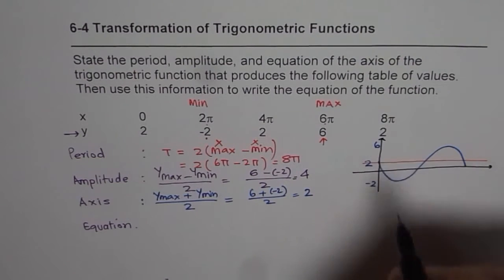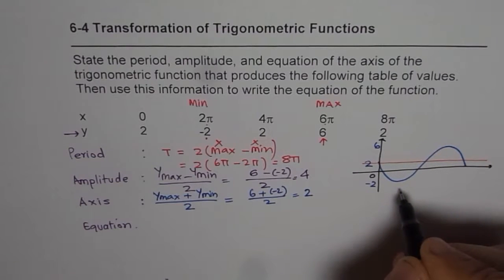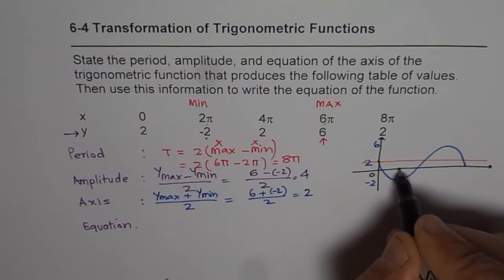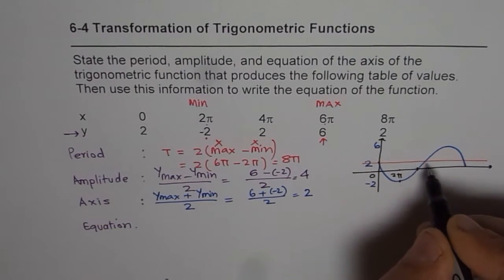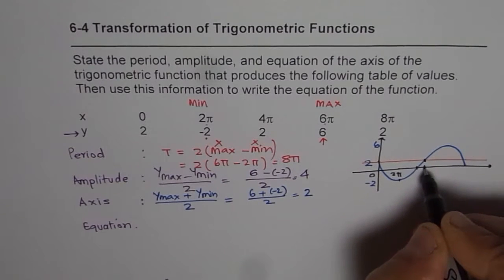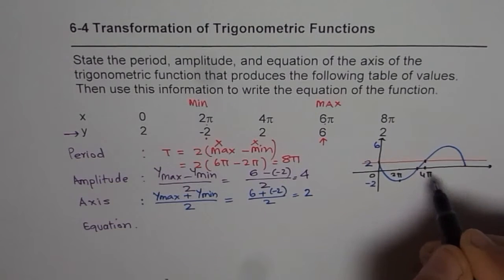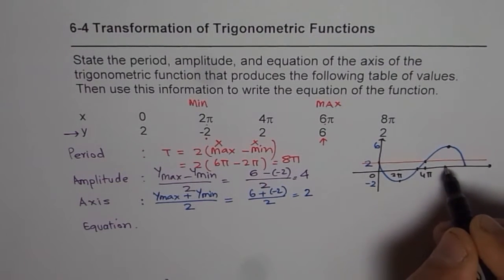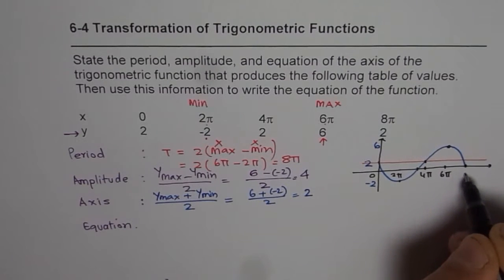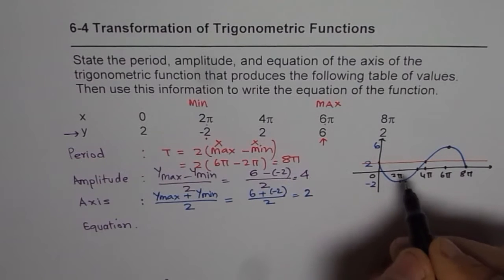This point is 0, and this point is 2 pi, then we have 2 at 4 pi, and the maximum value of 6 is at 6 pi, and it ends at 8 pi.